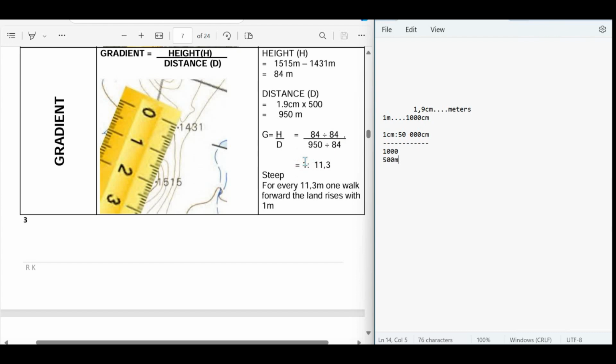And a ratio is always 1:something. Now, in this case, we divide 950 by 84, which is going to give us 11.3 meters. So this is how we calculate a gradient, ladies and gentlemen.